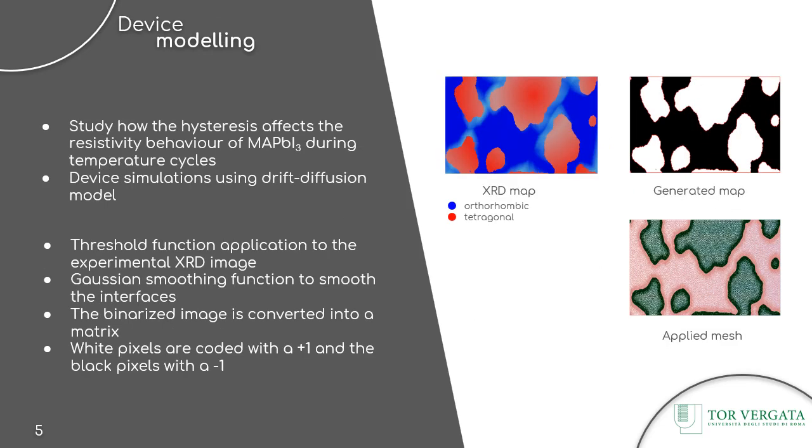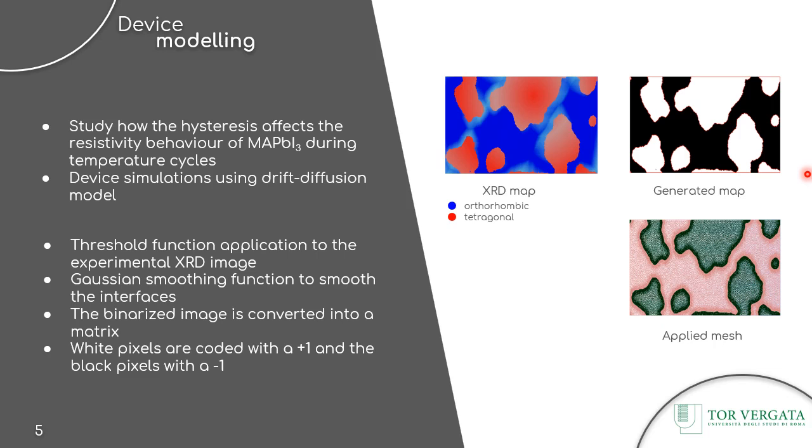To study how hysteresis affects resistivity during temperature cycles, device simulations using a drift-diffusion model were performed. The device was modeled applying a threshold function to the XRD image in order to get a binarized one. The so-obtained binarized image is then converted into a matrix where white pixels are coded with a +1 and black pixels with a -1.